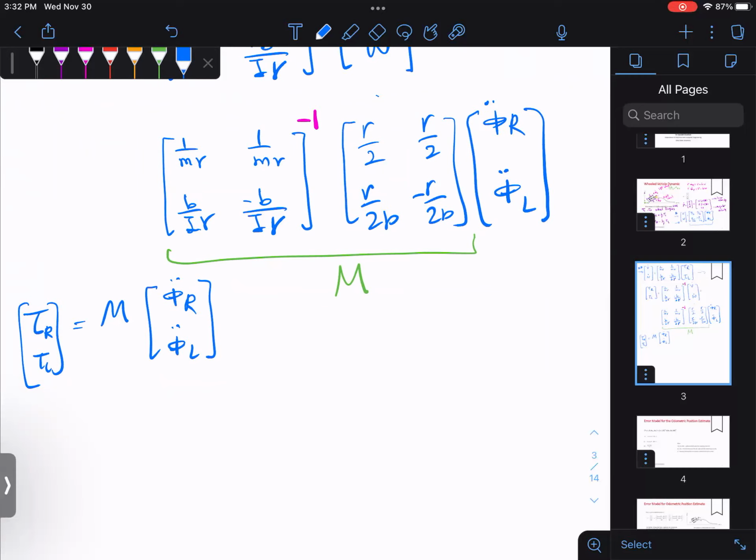And what if I wanted to see what is the connection between the right wheel and the left wheel, how they impact each other, meaning that if one goes to the right, the other one goes to the left, what is the interaction between them? Since I know how the differential equation looks, I know I'm missing a term that has a theta dot in it, right? P dot in it.